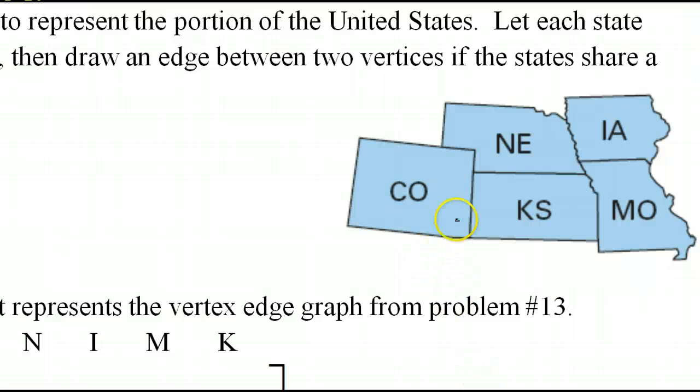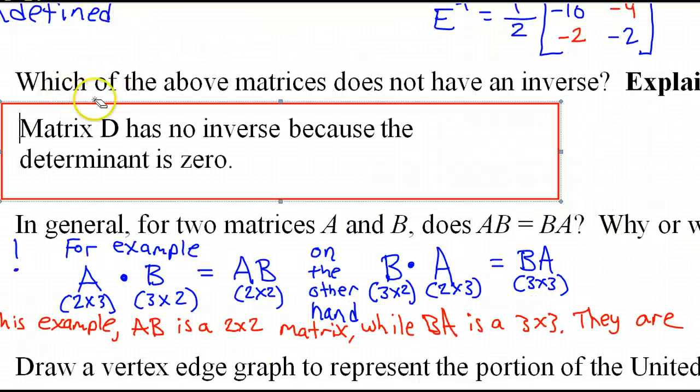Colorado, I'll let Colorado be C. And Nebraska can be N. Iowa can be I. Maybe I should spread this out a little bit more.